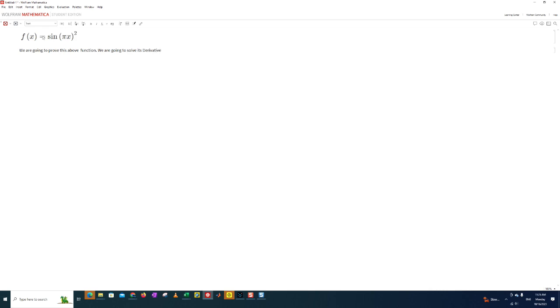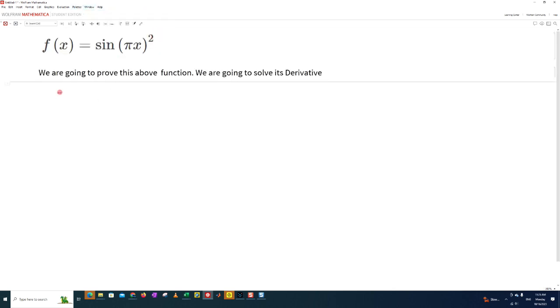All right, so let me see if I can make this bigger. Windows, magnify, let's do 200. Okay, that's good. This is the function. Then I'm going to write down the function right here.